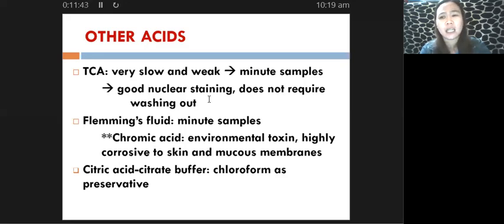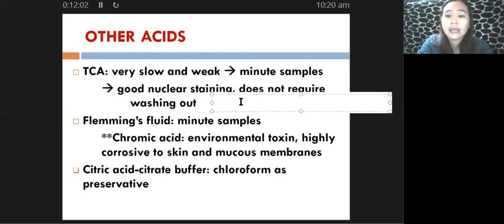Okay, why does it not require washing out? This is because the solution that is utilized to remove your TCA is 90%. Nasa inyo ba yan? Wala. Okay. So the solution that is utilized to remove your TCA is 90% alcohol.